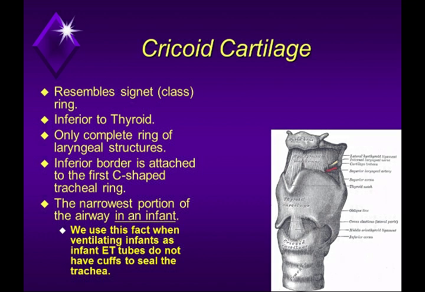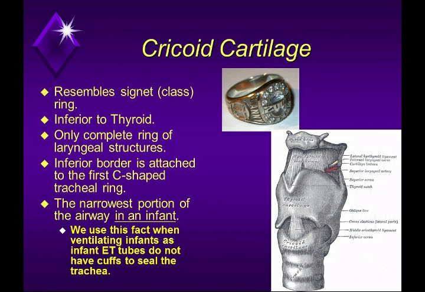Okay, moving on to the rest of the last cartilage that we didn't talk about, and that's the cricoid. The cricoid is a cartilage that resembles a signet ring. If you don't know what a signet ring is, it's a class ring. Okay, where it basically is very wide in the front and very narrow in the back.